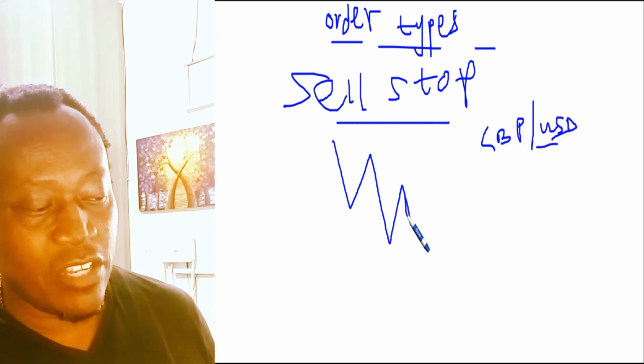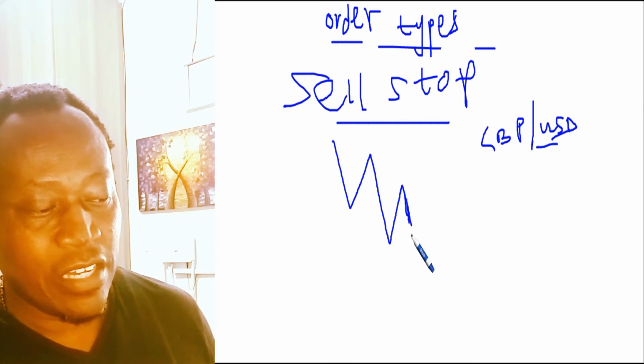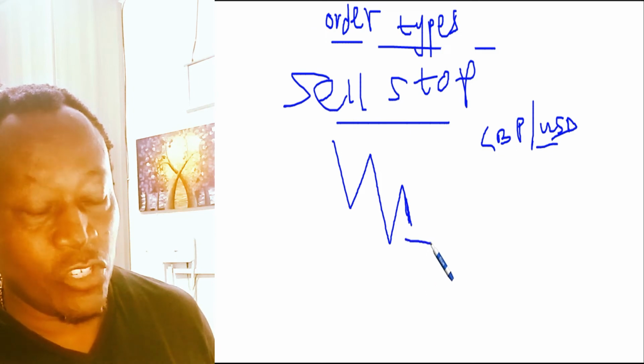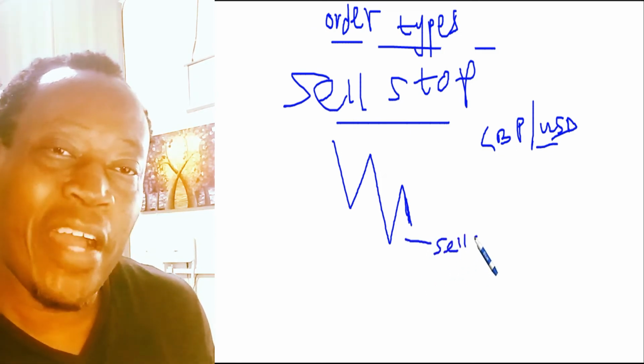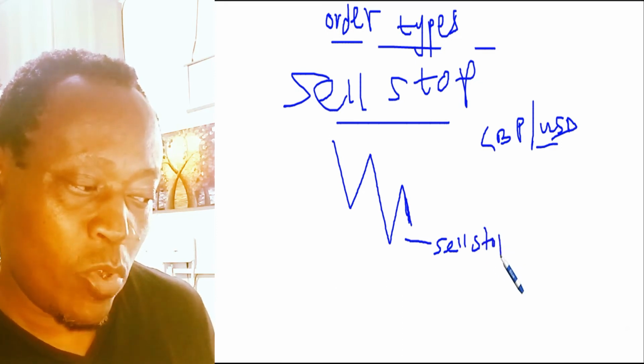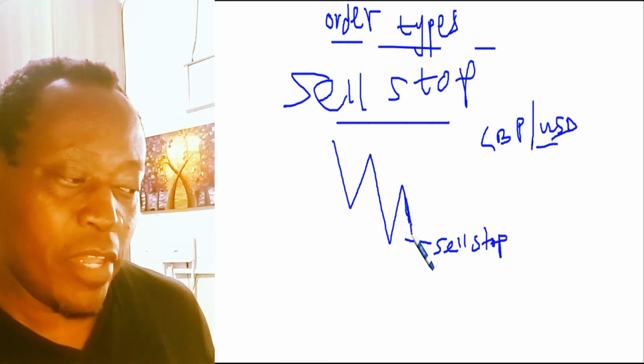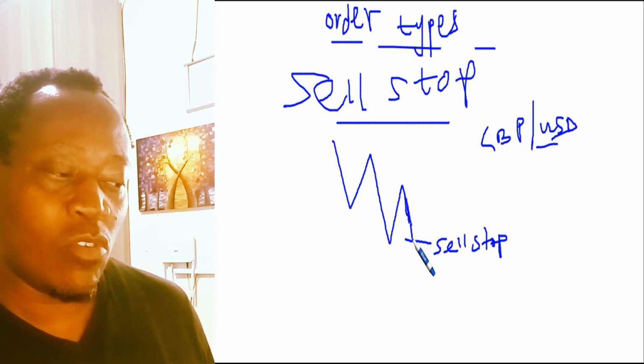Now the only way to sell is to place an order called a sell stop, so that when price comes here and touches your order, it triggers your order and converts it to a market sell order, and crosses through it, pierces through it, and keeps going downwards.